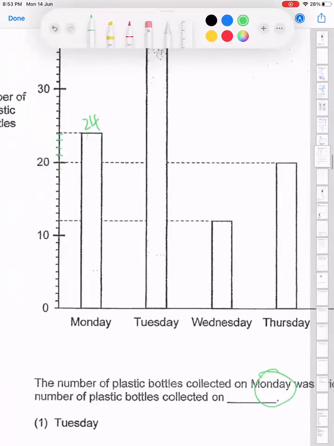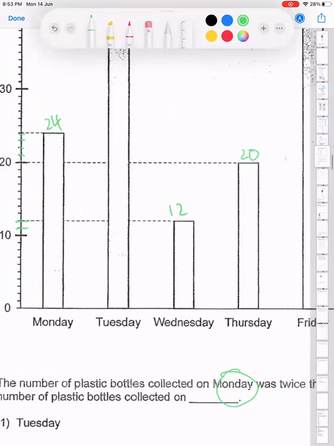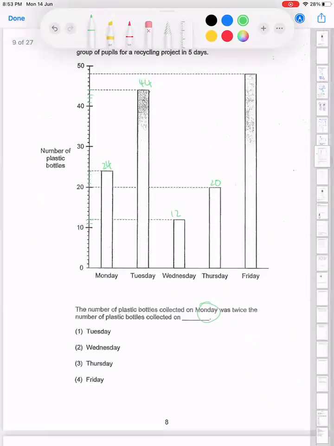This will be 11, 12, and then we have 20. Okay, so Monday was times 2 of the bottles collected on one day. So we know 24 divided by 2 gives you 12. So which day? Only Wednesday had 12. Therefore, it's option 2.